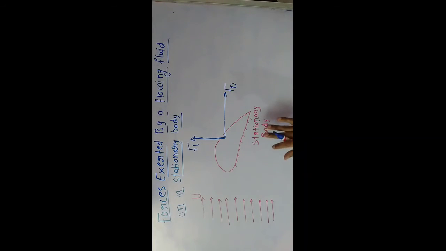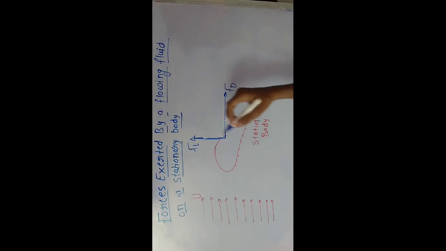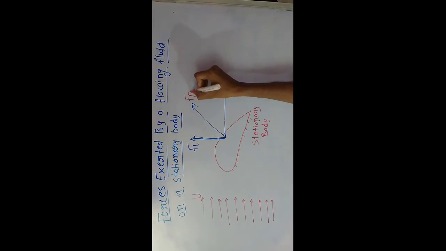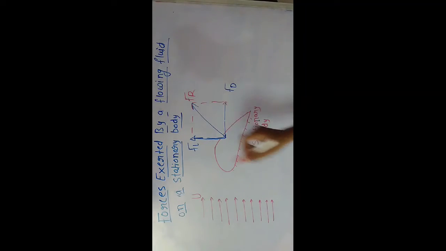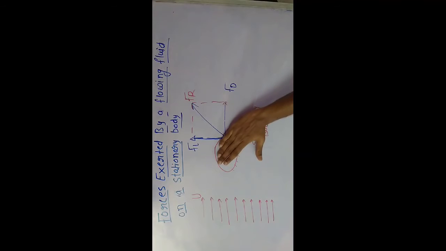Now if we make the resultant of this drag force and lift force, this resultant component is nothing but your total force Fr exerted by the fluid on the body, perpendicular to the surface of the body.